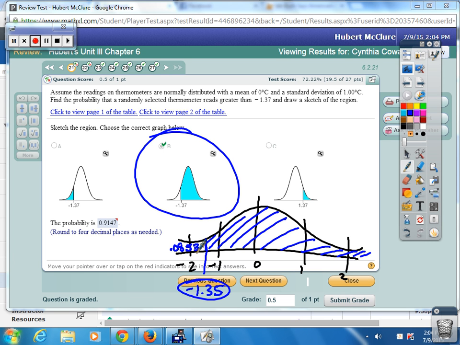So if I want to find the right-hand side, I'm going to take 1.0000 and I'm going to subtract 0.0853. Now, what is $1 minus 8 cents? 92 cents. So you're going to have less than 92 cents because you got some extra change here. So 9, 1, 4, 7, and that is that area right there. You got it right.